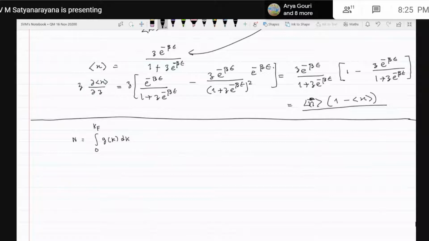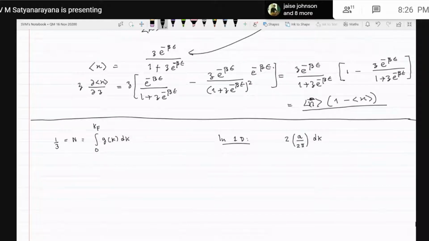Okay, and this is given to be 1 by 3. This is not density of states in terms of energy, but we wrote this yesterday. We have to calculate this g of k in one dimension. In one dimension, you have dk is the length, and then a by 2 pi is the number of states per unit length, and then there is a factor of 2, which is because of the spin of the electron.